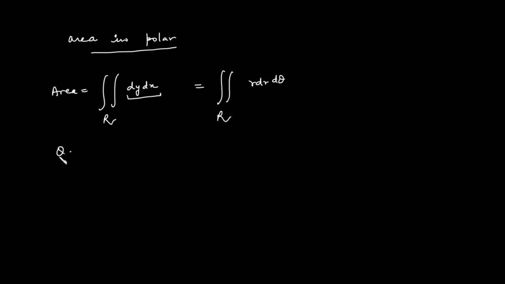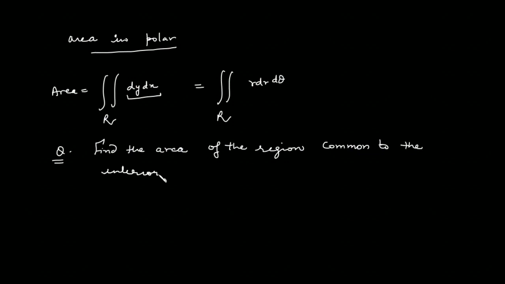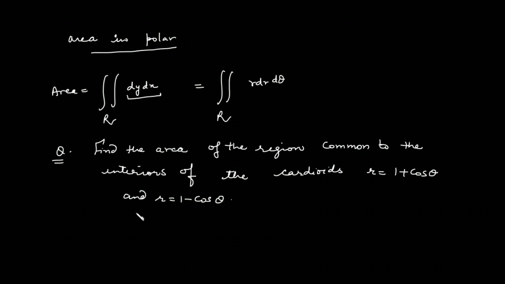The next question is: find the area of the region common to the interiors of the cardioids r is equal to 1 plus cos theta and r is equal to 1 minus cos theta.